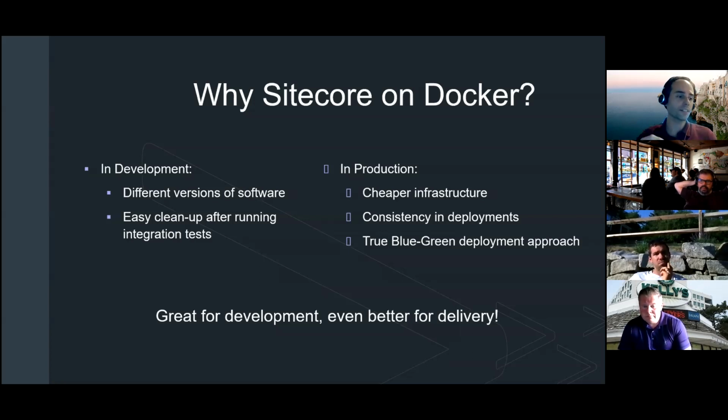And then you gain consistency in deployments because you always have the same images that you promote through different environments up to production. And then one other big benefit that I thought about is in a true blue-green deployment approach.